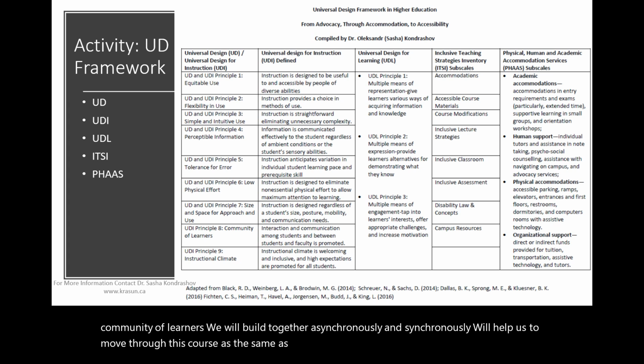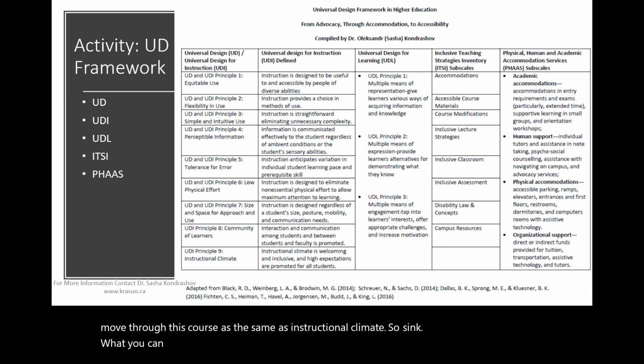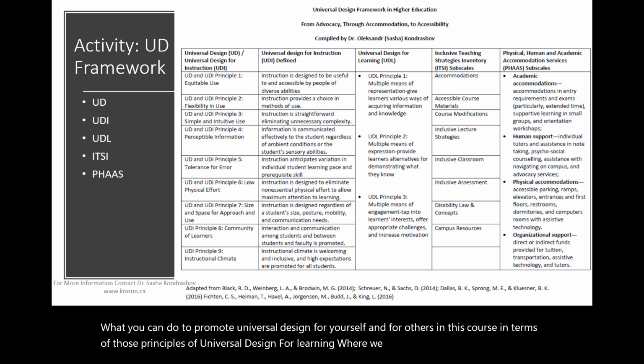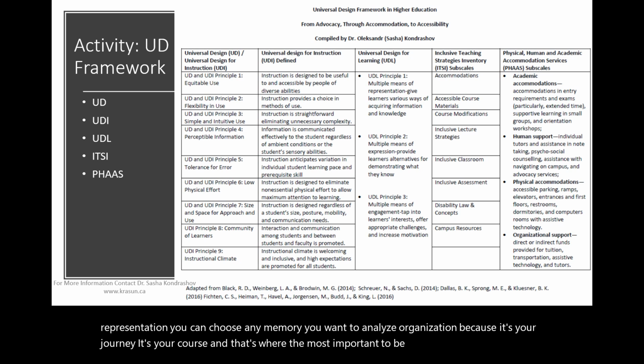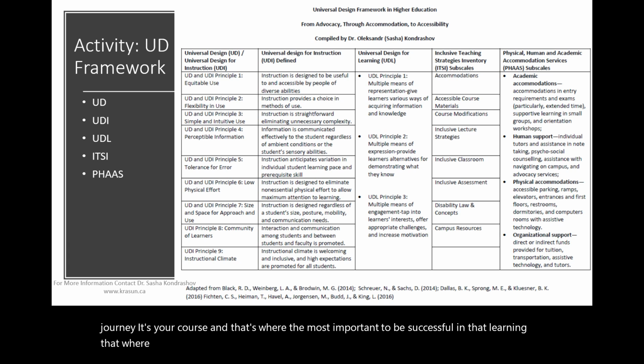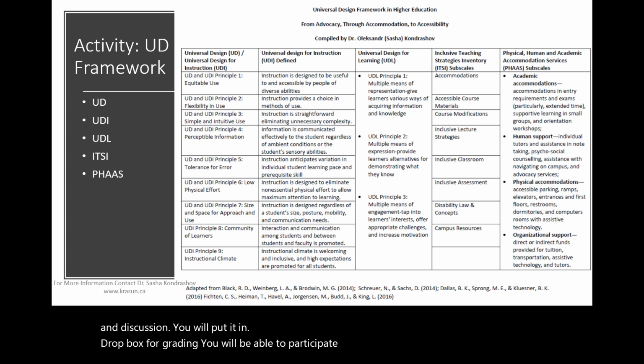So think about what you can do to promote universal design for yourself and for others in this course, in terms of the principles of universal design for learning, where we have multiple means of representation. You can choose any memoir you want, or any organization to analyze, because it's your journey, it's your course, and that's where it's most important to be successful in that learning. Where you have multiple means of expression, you will be able to share your posts online on discussion, you will put it in Dropbox for grading, and you will be able to participate in live meetings if you are able.